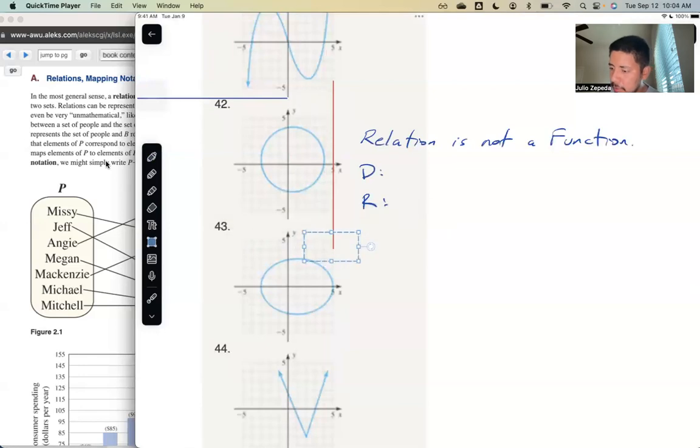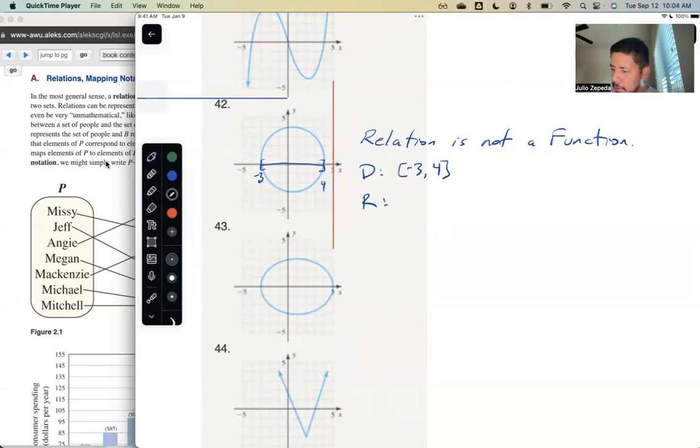So just to mark those, this is -3 and this is +4. We're really just writing this interval right here. So -3 to 4.